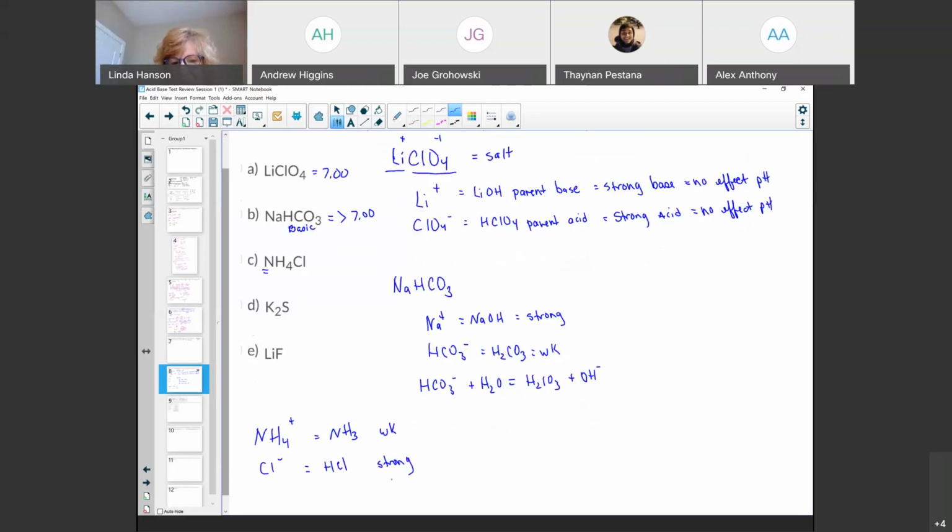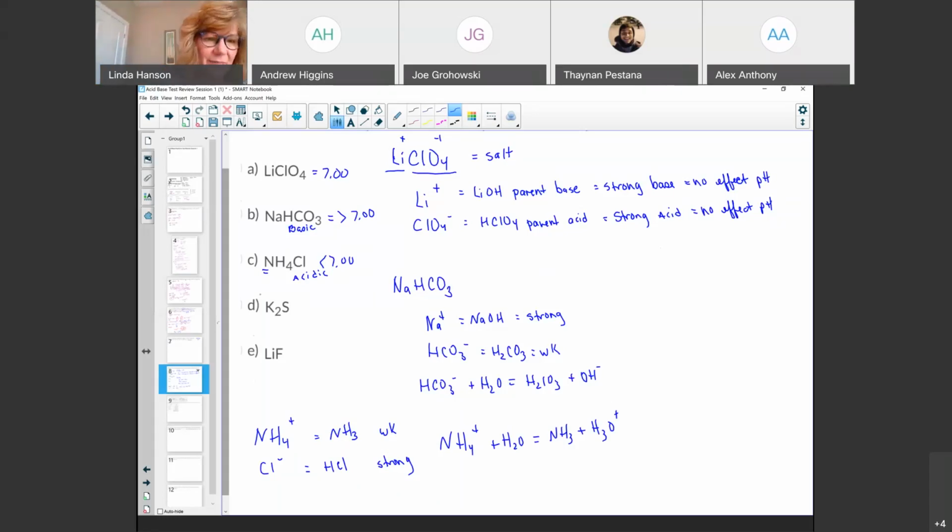When a cation undergoes hydrolysis, we know that it will be an acidic solution. Prove that to yourself when you have the NH4 plus undergo hydrolysis, forming its conjugate pairs of ammonia and hydronium. So you can see that the positive ion makes an acidic solution, whereas the negative ion would make a basic solution.